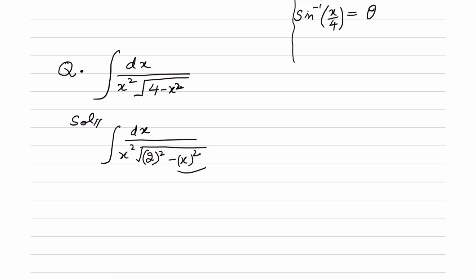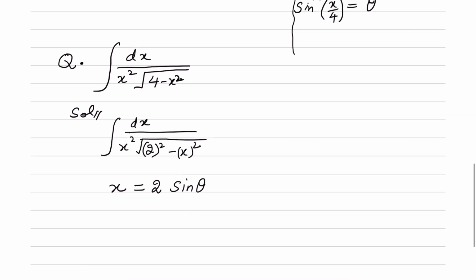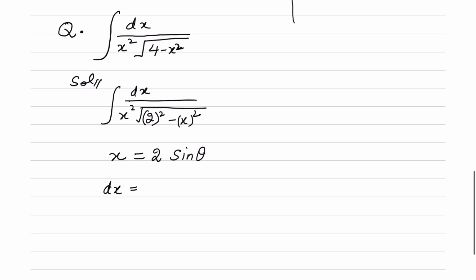Inside the square root you have x, so you will put x equal to 2 sine theta, since in this term inside the square you have 2. Remember that here we will not put sine inverse theta, we will simply put sine theta. Differential dx, 2 sine theta derivative is cos theta d theta.